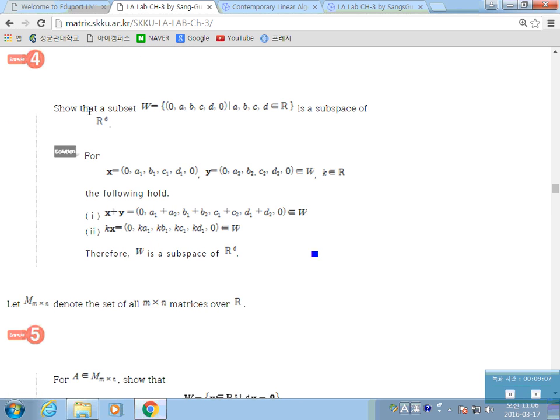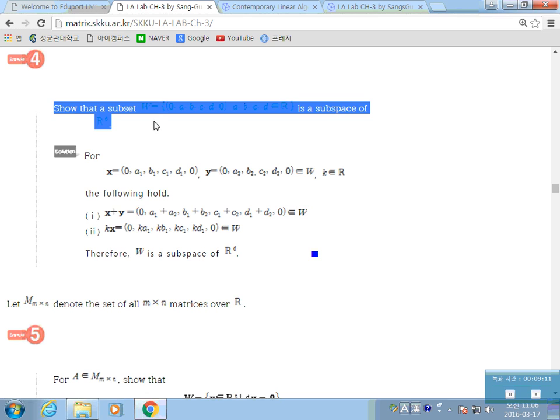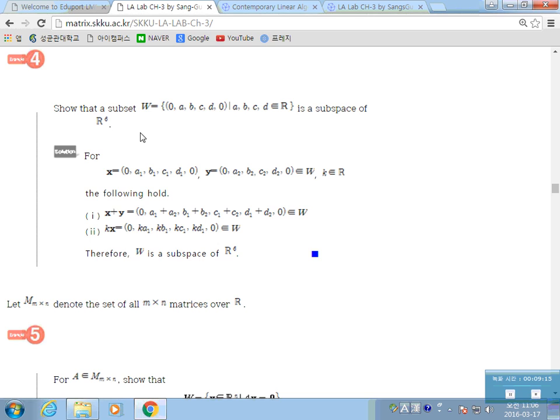Next, show that a subset W is a subspace of R6. How can you show this? First, this is a non-empty subset of R6. Choose arbitrary two vectors from W and add those. Check whether the sum is in W or not.